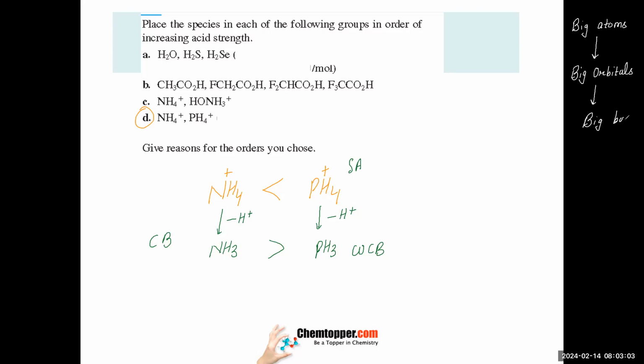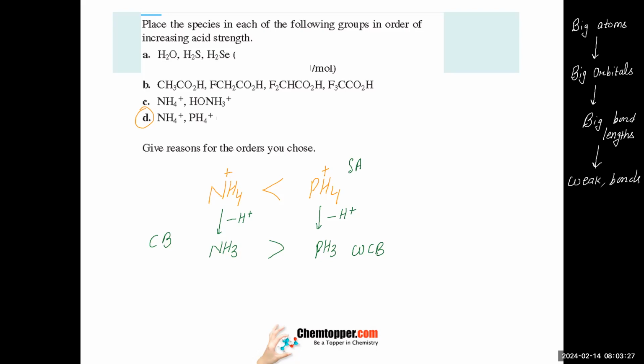Big bond lengths mean weak bonds, because attraction is less. Okay, Naisha, no problem. Big bond lengths mean weak bonds.